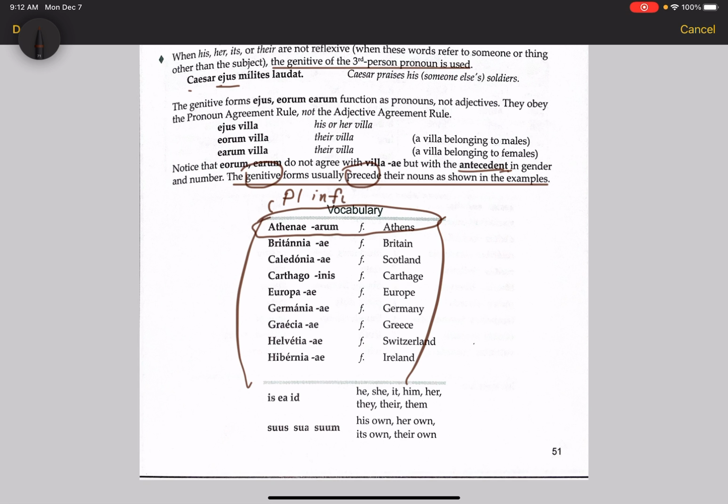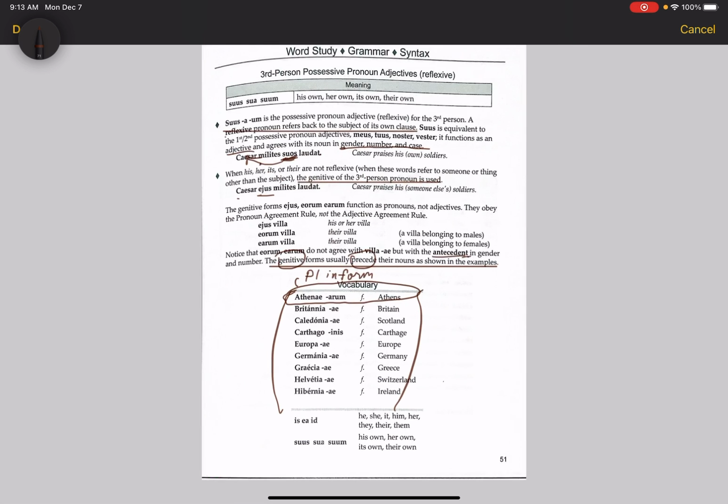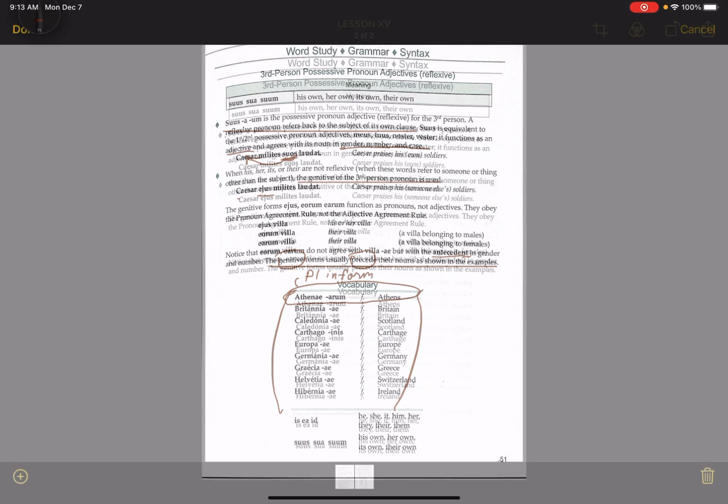So the mistake that people often make is to say that the word for Athens is Athena. But you have to give plural-looking forms for Athens. And then you have is, ea, id, the third person pronoun, and suus, sua, suum, the third person possessive pronoun adjective. All right. And that is all for today.